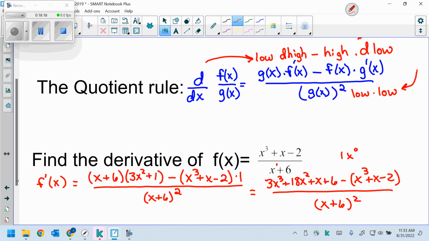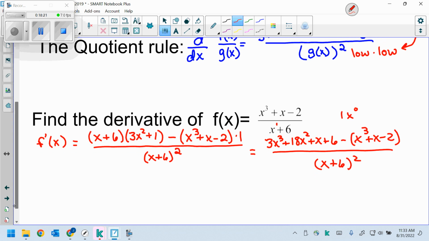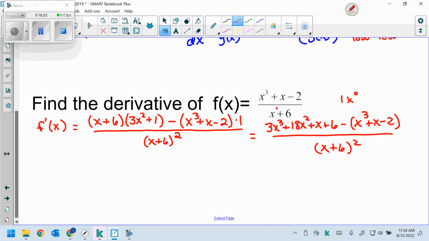Now I'm hoping I didn't make any mistakes, and if I did, well, you caught me. Fix it. If I combine like terms, I think I'm taking 3x cubed minus x cubed is 2x cubed. I think I got an 18x squared. I think I got some common terms here. x minus x. 6 minus negative 2.